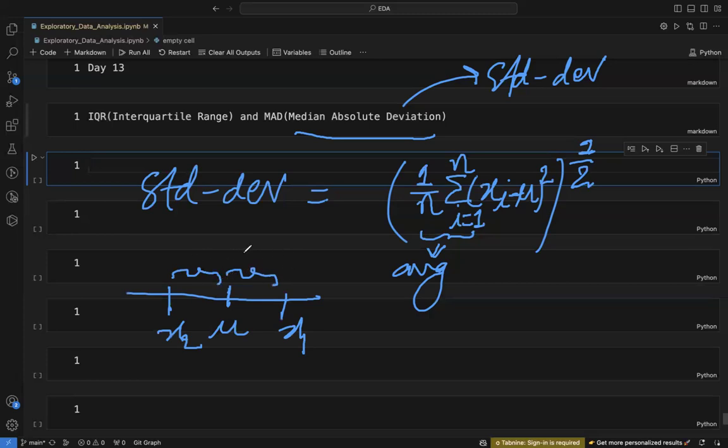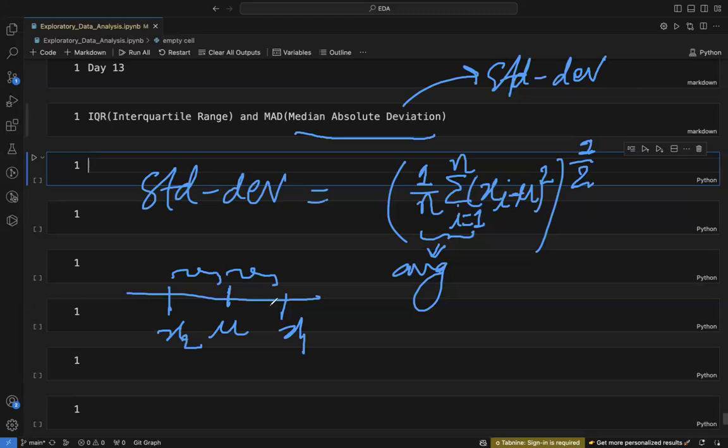One comes out positive and one comes out negative, so I'm taking the distance on both sides. That's why I'm squaring it, and later I'm square rooting it. Now what it's telling me is the typical deviation of each point from the mean value.